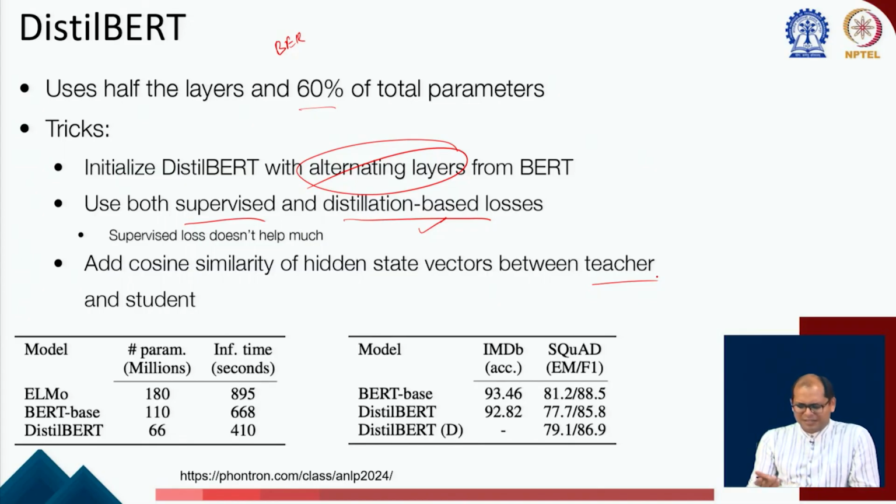With that you went from 110 million parameters in BERT to 66 million parameters in Distilbert, and the inference time also becomes smaller. Performance-wise, in some versions it slightly degrades, but it is reasonable performance with fewer parameters. At inference time you just have a very small number of parameters compared to the BERT model.